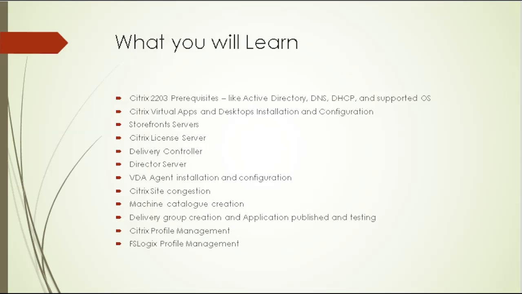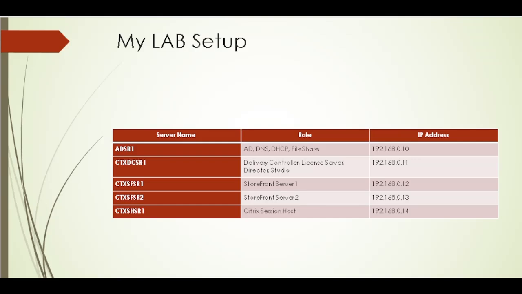So about my lab setup, I am using VMware Workstation, and I'm planning to create 5 servers. The first server is for prerequisite services. I will install AD, DNS, DHCP and file server on that server, and the operating system will be Windows 2016.